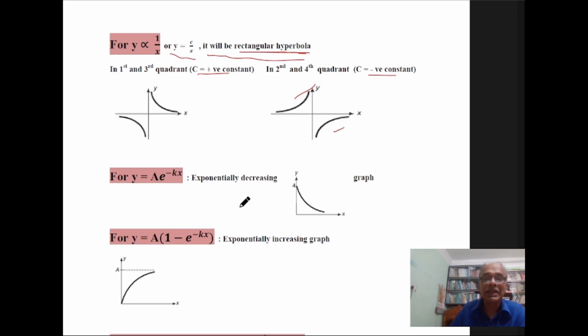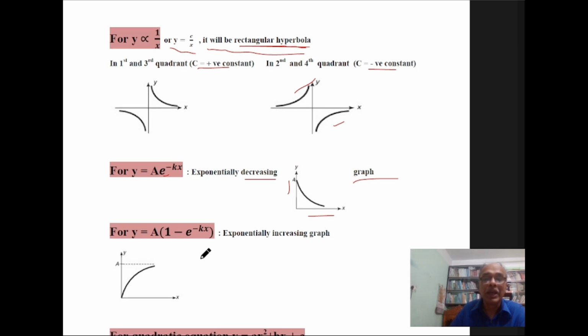And if y equals a e to the power minus kx, here you see e is the exponential, so the graph will be exponentially decaying. Here x is increasing, and the value of the graph is decreasing, exponentially decreasing.